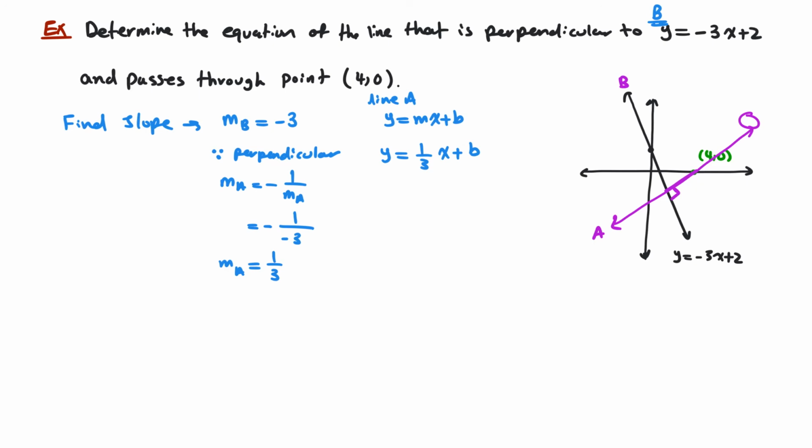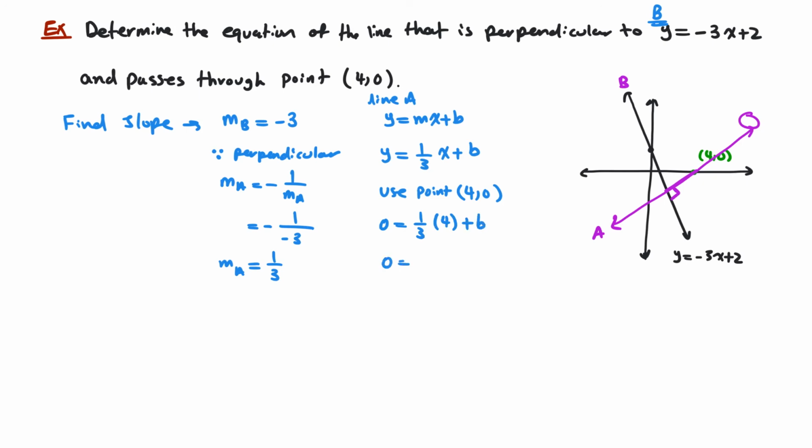So we're going to use this point, and I know that in this point, the 0 is the y coordinate and the 4 is the x coordinate. So I can just plug those values in. 0 is equal to 1 over 3 times my x coordinate, which is 4, plus b.